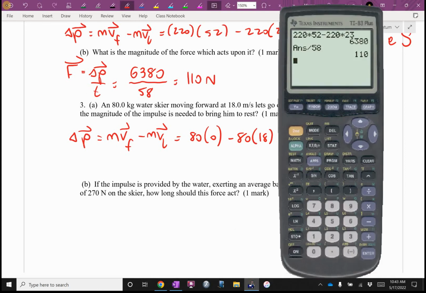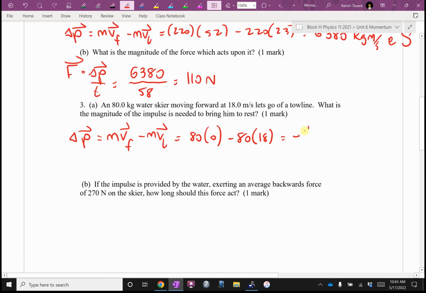And I'm going to get negative 1,440 kilogram meters per second. Now, because this question said magnitude, if you said positive 1,440, I'd have to give it to you because you got the size right. What's the negative telling me? If the skier is traveling forwards, what direction is the change in momentum? Backwards. They've got to lose momentum to come to a stop. Yeah, that makes sense.